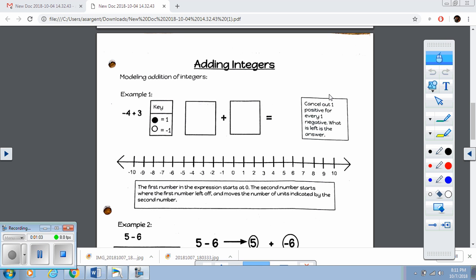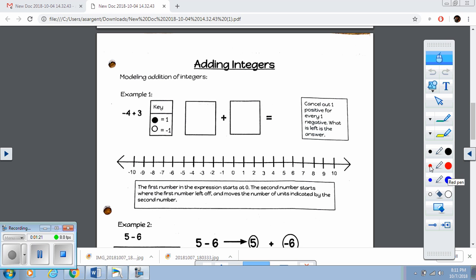Same thing with the number lines that are on your desk, and if it's not on your desk, it'll be on your desk by the end of the day today. Sorry about that, that just didn't work out. So our key here has a black equals +1 and a white equals -1.